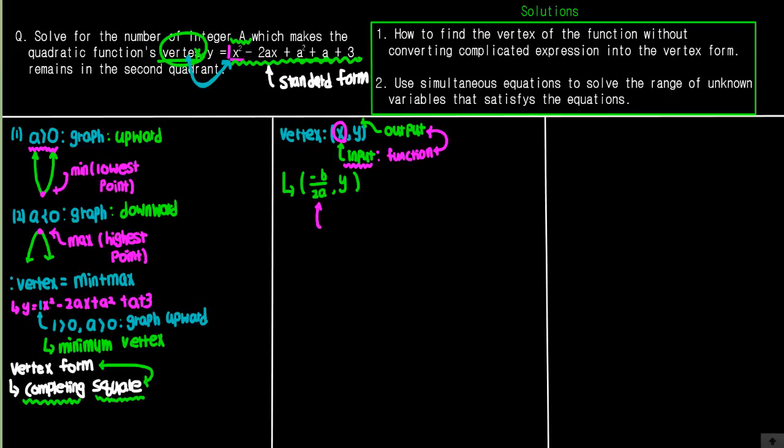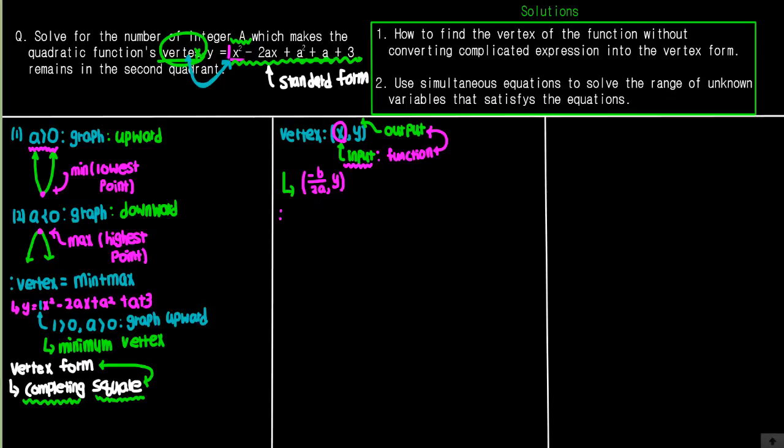Negative b over 2a is our x value, and y is just our y, which is the output. This is useful because if we apply our formula, we don't have to convert into vertex form. So if we write this down more neatly, it is negative b over 2a, and then comma y.